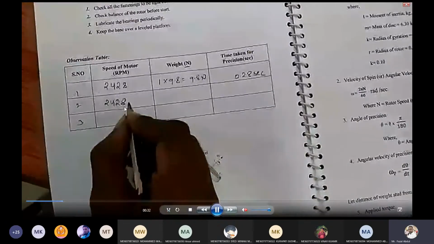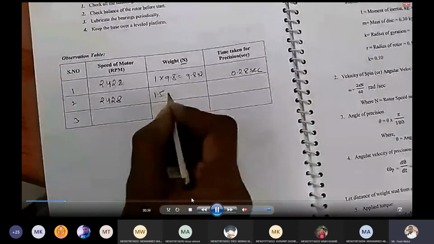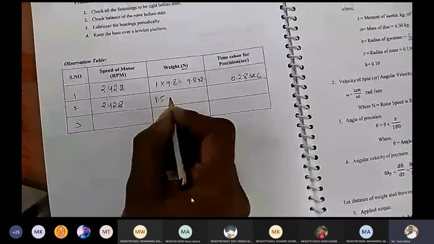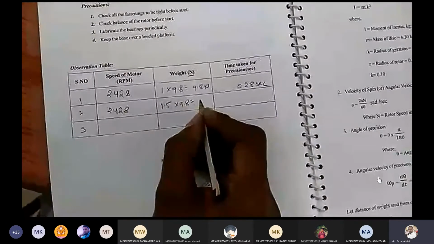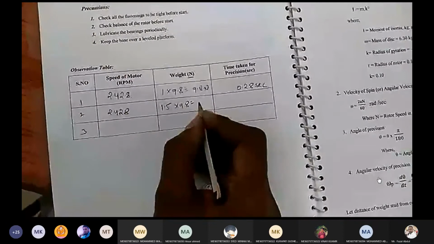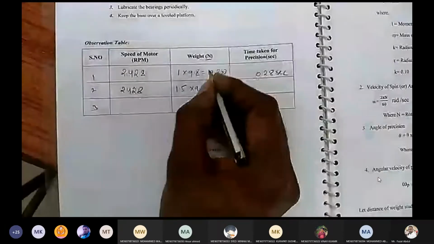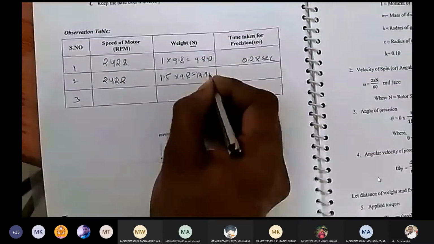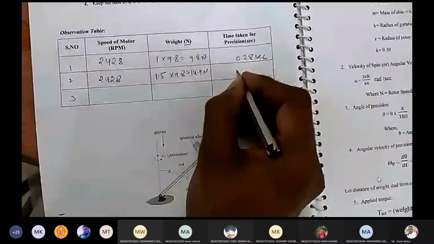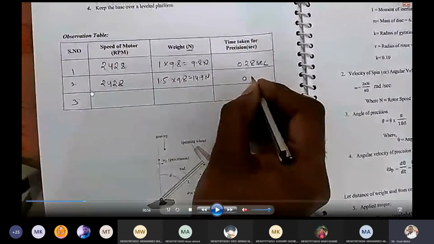Now in the same manner, at the same speed, second time applying the 1.5 kg load, converting it to newtons. How much time for this 1.5 kg load? How much is it taking for turning 90 degrees?